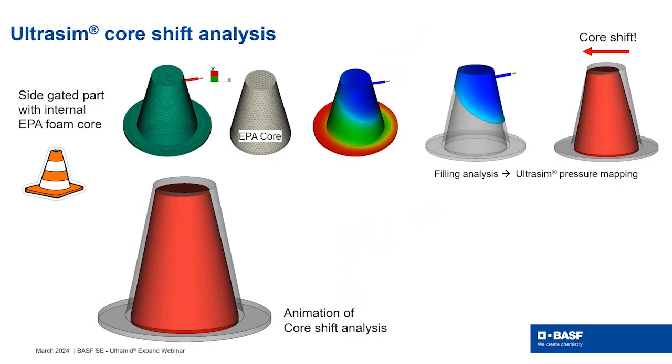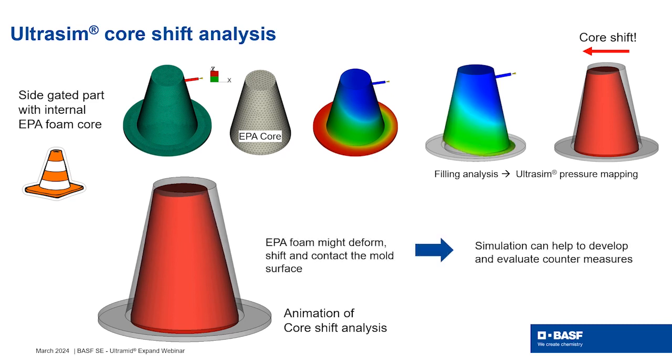If you use our material as a core, then of course it's not as stiff as metal cores are. So there is a danger, if you have an asymmetric filling, that the core is shifting, and you see that on the lower left. This is a core shift simulation, where you see the core deforming and touching the mold.